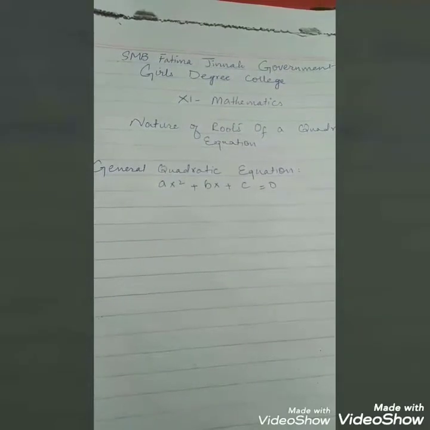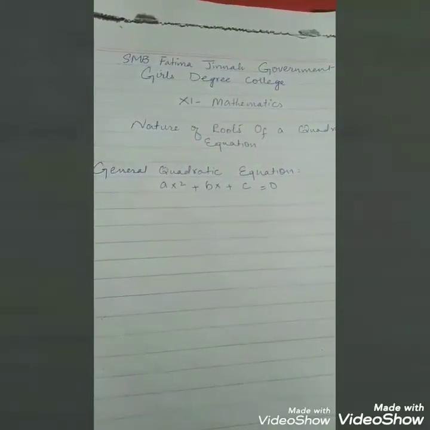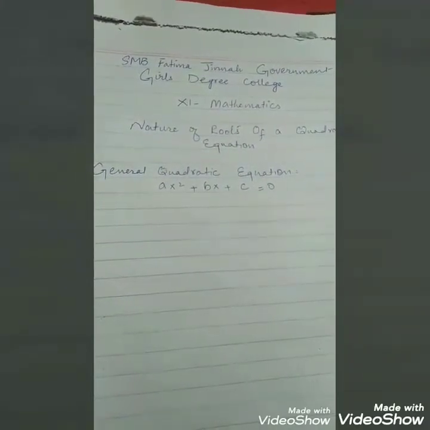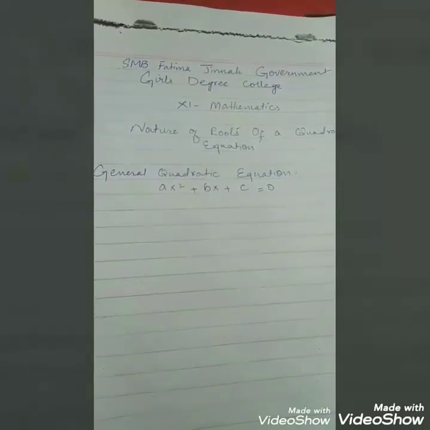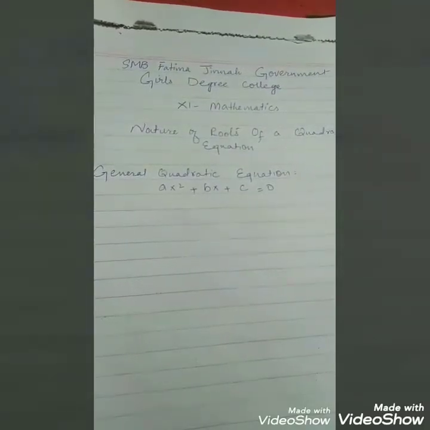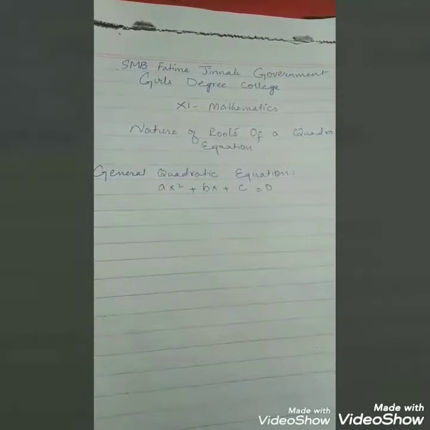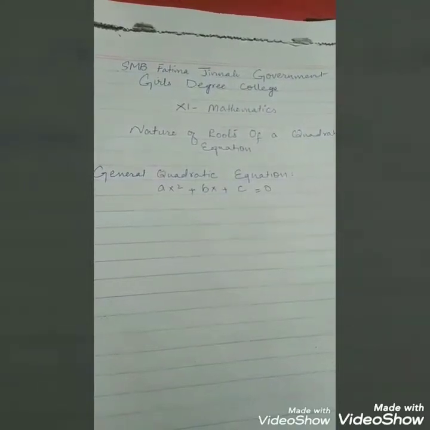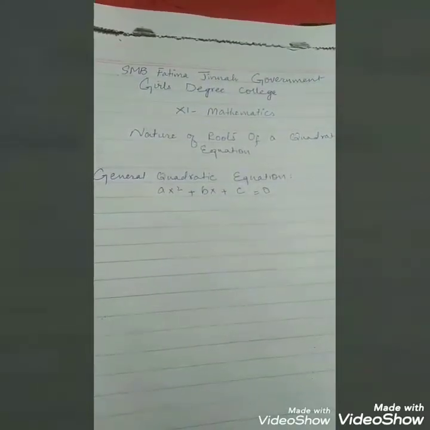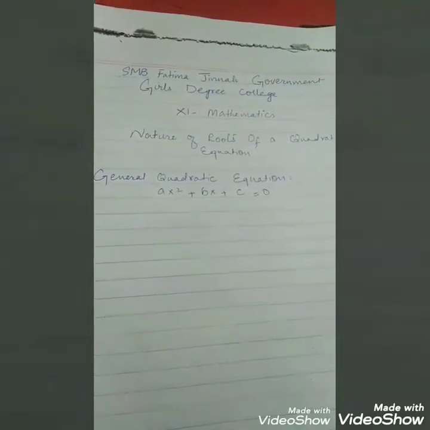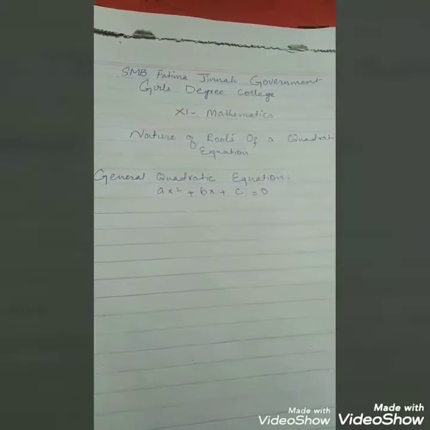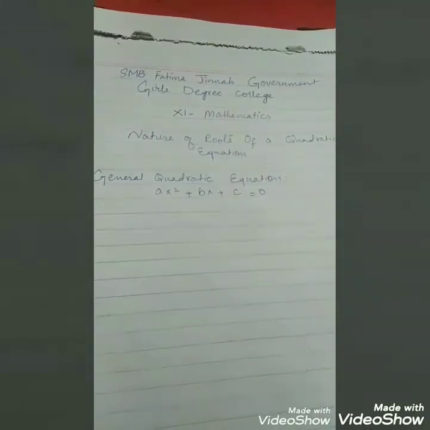So in the equation ax² + bx + c = 0, the coefficient of the term x² is represented by a, the coefficient of the term x is represented by b, and the term independent of the variable, that is the constant term, is represented by c.